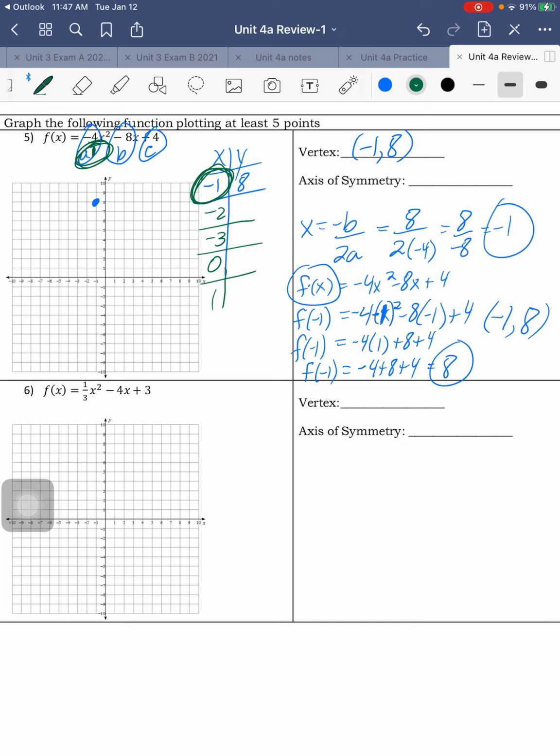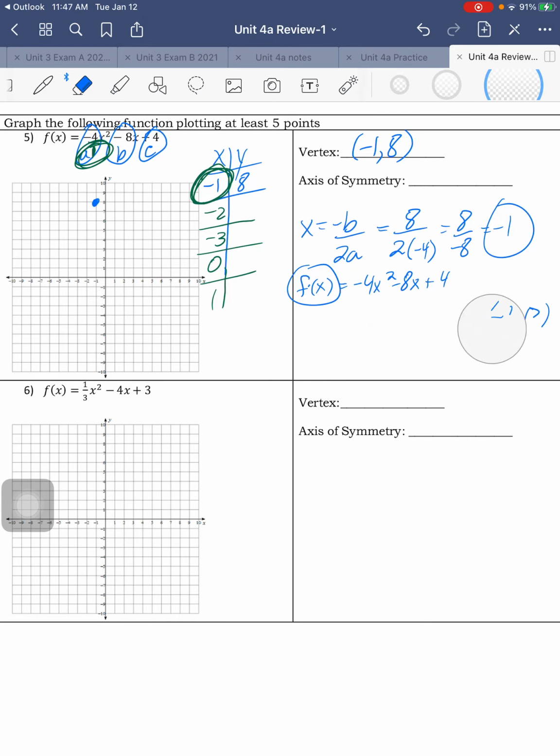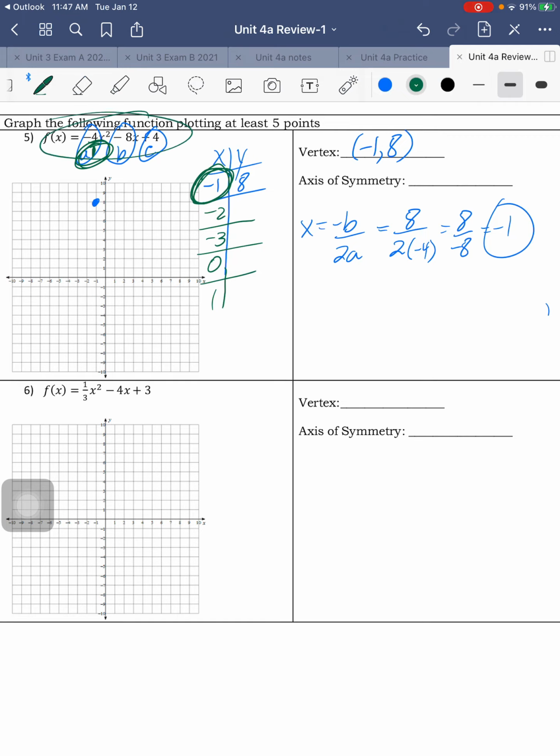Now we have to substitute in -2 into the equation. So f of -2 equals -4 times -2 squared minus 8 times -2 plus 4. That's -16 plus 16 plus 4, which is 4.